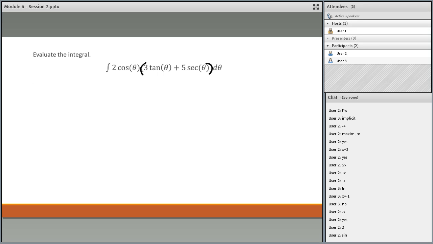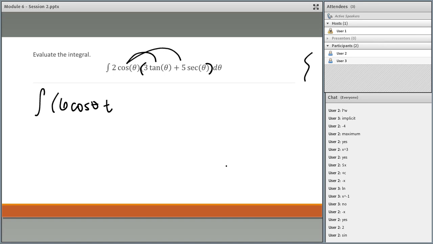So I can't take the integral of 2 cosine theta and then take the integral of the other terms. That's a product, and that would be a different integration technique. So the only thing I can do is try to simplify before I start integrating, kind of like I had to do with the last one. So what I can do is distribute this 2 cosine theta all the way through.